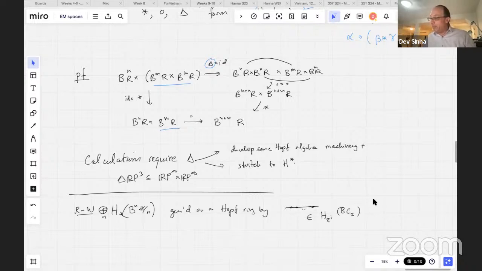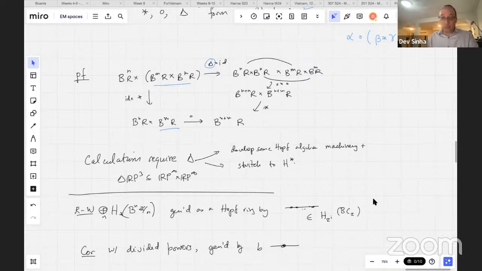Well, what's pretty immediate then, a corollary of that is that with divided powers, it's all generated by this b class again in H_1 of RP infinity, BC2, because its divided powers are exactly these classes.